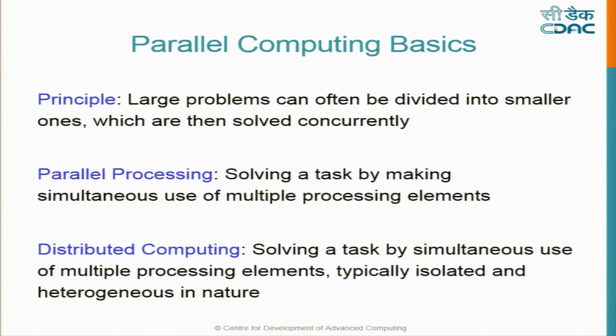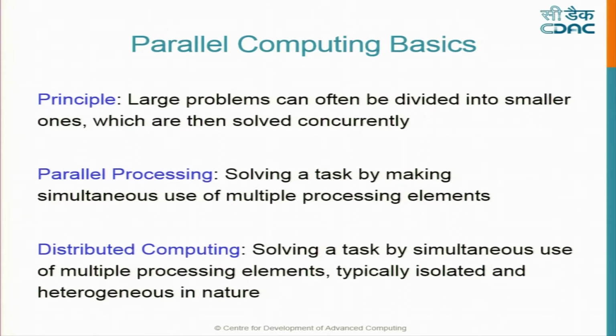There is another way of looking at it, and the term that you will always hear is distributed computing. It is very close to, and inherently a kind of, parallel computing, but the key lies in the fact that it is typically solving tasks which are isolated and heterogeneous in nature. That is what makes it slightly different. Suppose you have 10 desktop computers.